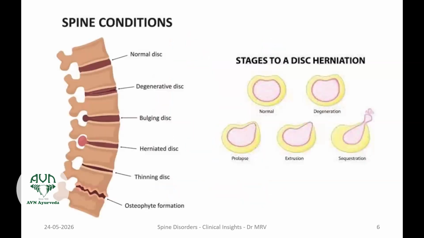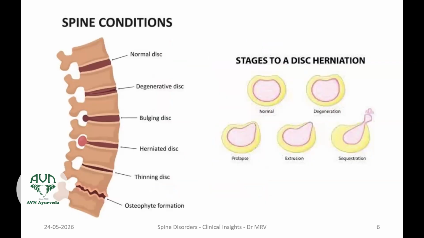These are the abnormal stages of our disc. Initially, at the top, a normal disc can be seen. Then we can see the degenerative disc. Then the bulging disc, which bulges towards the nerve endings and may cause pain and other problems.